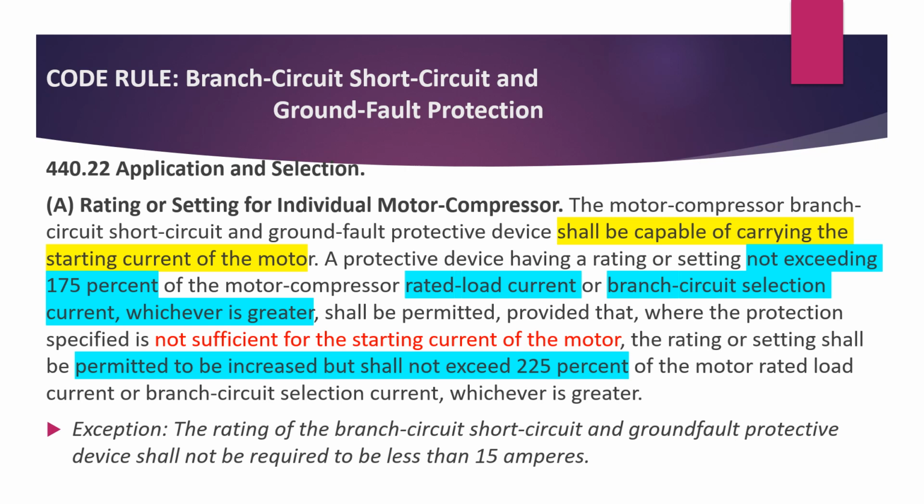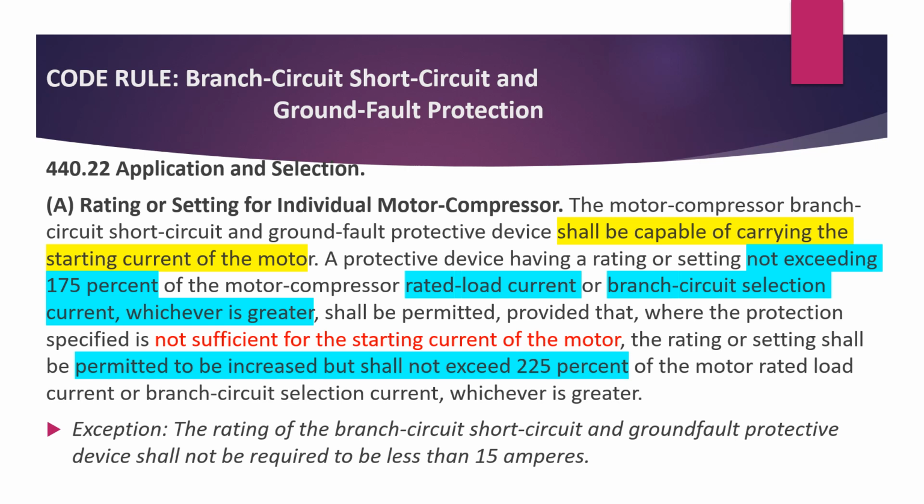Also as an exception, the rating of the branch circuit, short circuit, and ground fault protective device shall not be required to be less than 15 amperes. So, to get the breaker, the overcurrent protection device, you have to multiply the rated load current or branch circuit selection current, whichever is greater, by 175%.